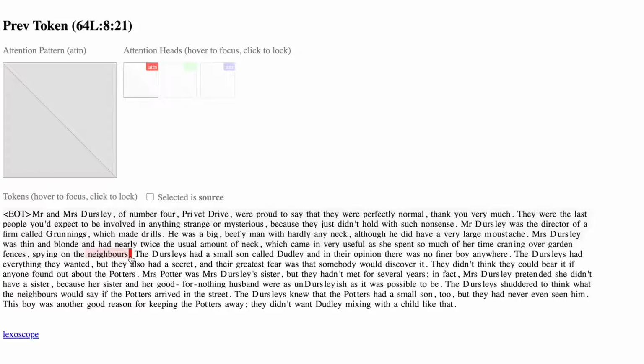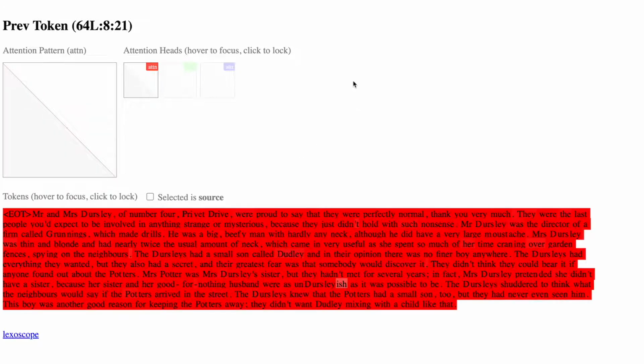Now, it's worth mentioning that this kind of attention, that looks at the previous token, is very similar to things discussed in other papers. Both Voita et al. and Clark et al., and probably a lot of other papers, have observed the existence of what they call positional attention heads that attend to tokens at a fixed position relative to them.